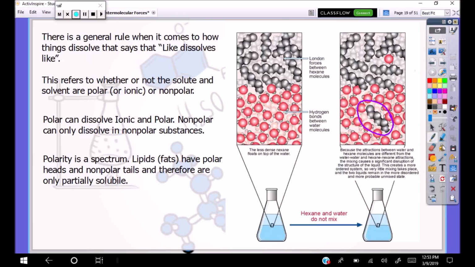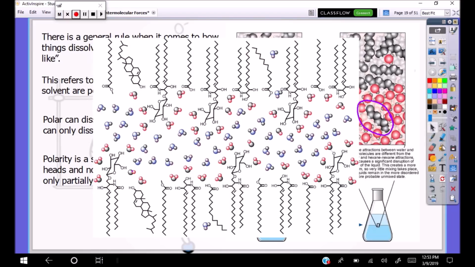So again, coming back to that lipids conversation, and then I think I'll call it a day here. Lipids and fats, they have polar heads and nonpolar tails, and therefore, oh, I spelled soluble wrong. Therefore, they're partially soluble. And I got a great picture here. It actually shows all the water interacting with those polar heads of your fatty acid chains or your lipids.